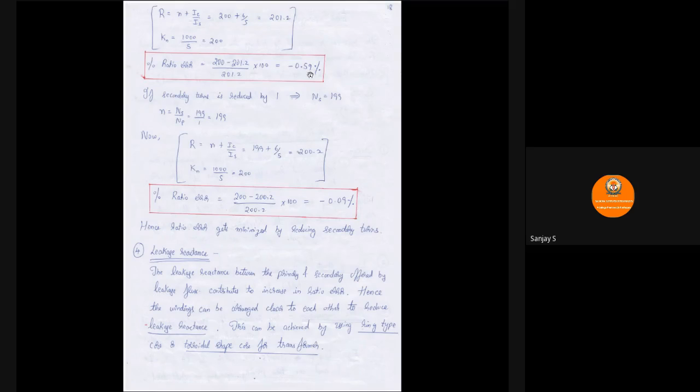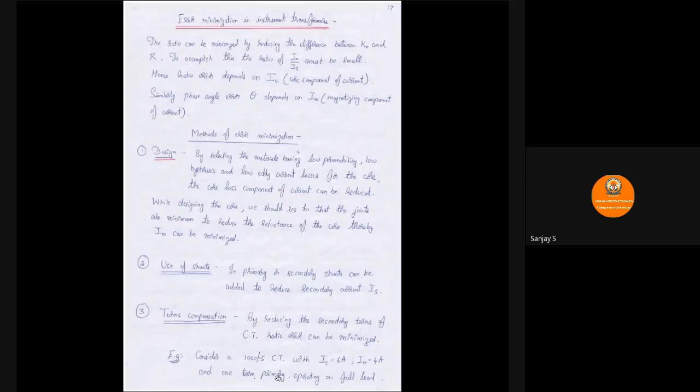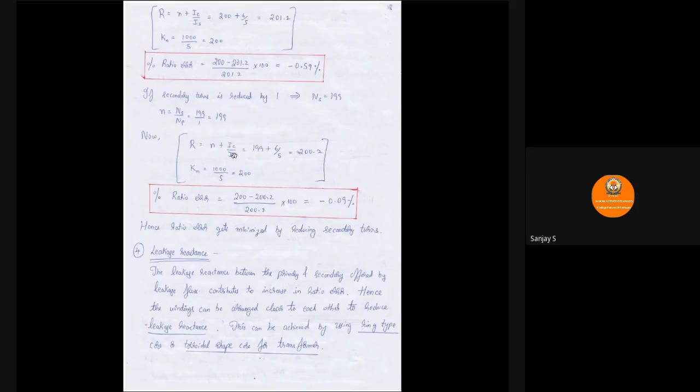If we calculate the ratio error here, it will be (200 minus 201.2) by 201.2 into 100, which will give us minus 0.59%. Now, if we reduce the secondary turns by 1, our NS will not be 200, it will be 199. Earlier, primary turn was 1 and secondary turns were 200. Now secondary turns have been reduced by 1, it is 199.